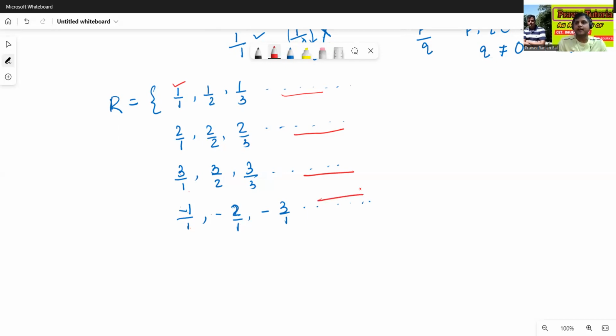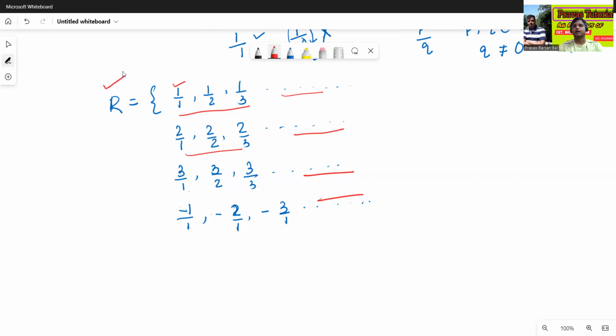So if we write each and every rational number in this order, we cannot map with the natural numbers. So we have to rearrange each and every element of the rational numbers.